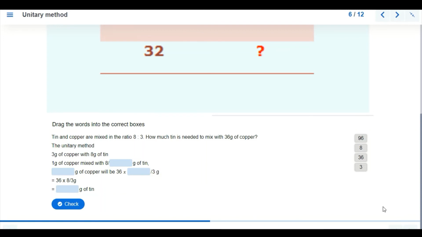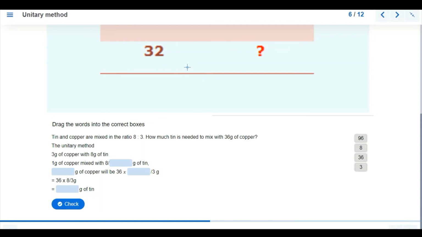Now let's solve together, and we fill the correct numbers into the boxes after we are done solving. So let's solve it and see what we have.